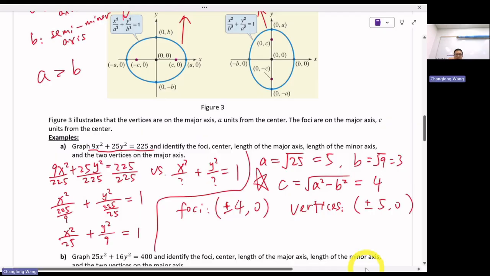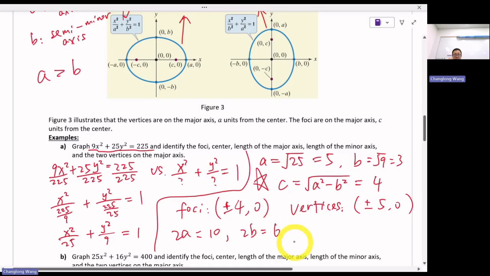Okay. What else do we need? The major axis and the minor axis, not semi-major or semi-minor. That means we're looking at 2a, right? Twice as much. So that is 10. And the minor axis will be 2b.